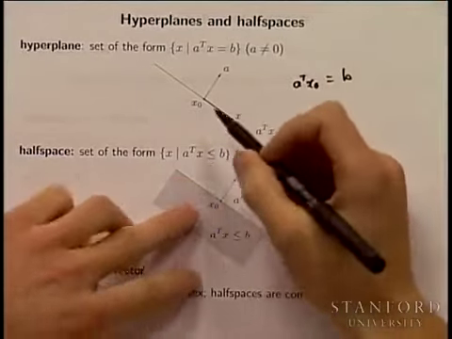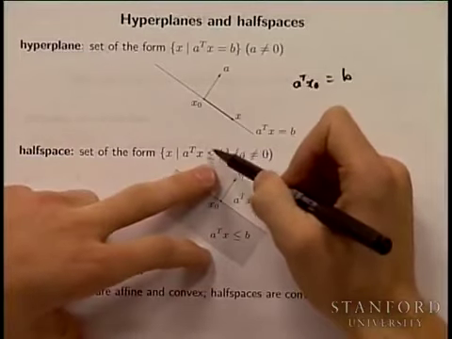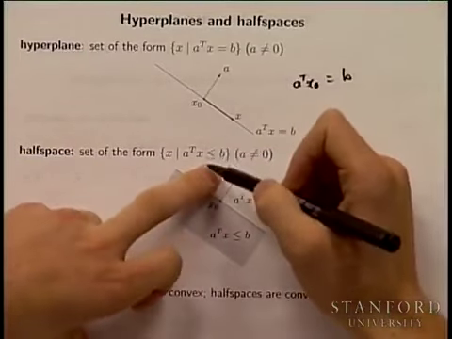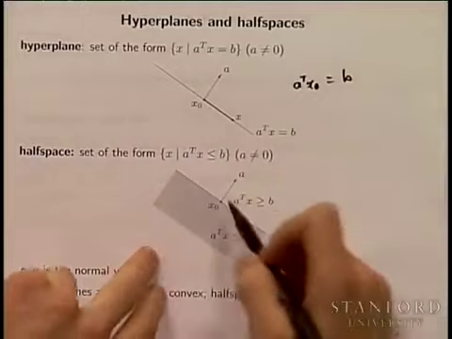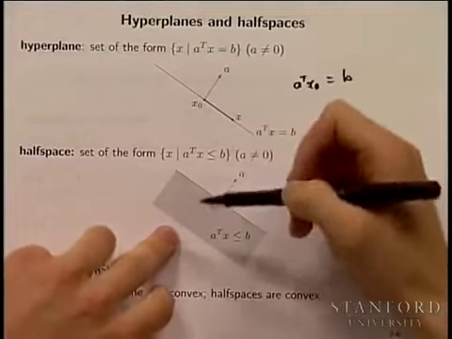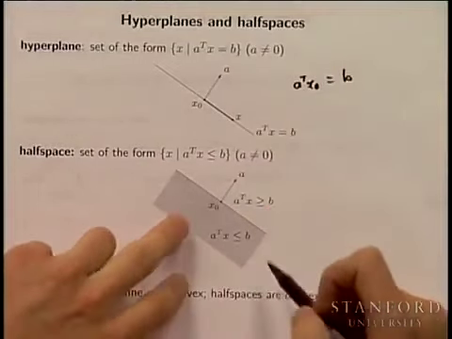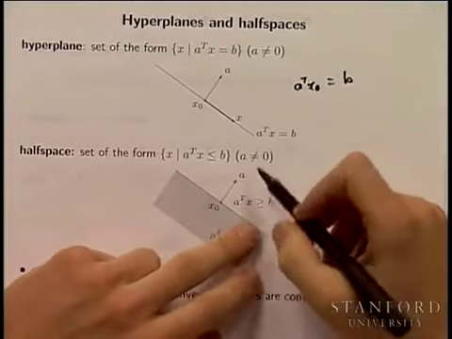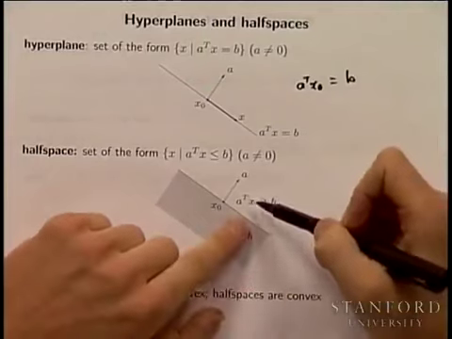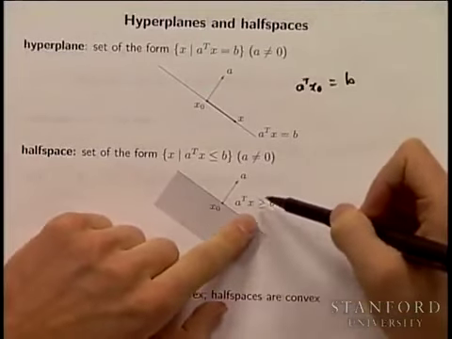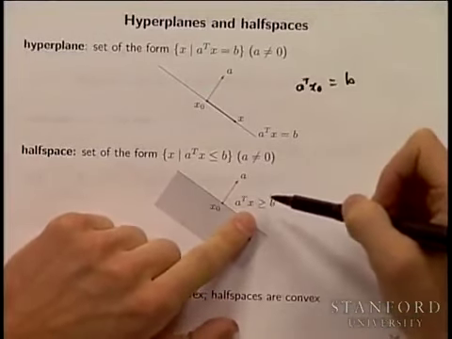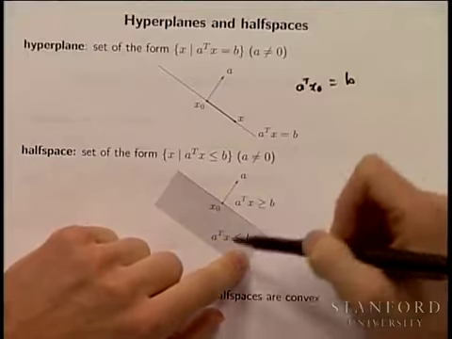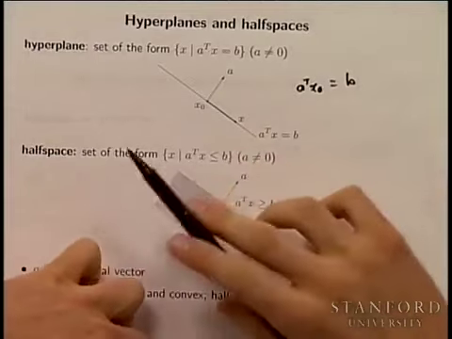We can have it either open or closed, a strict inequality or a non-strict inequality. This is an example here. Same hyperplane, and it's the half space on the left, or below it in this case. Likewise, the non-shaded region you could describe as another half space with A transpose X greater than or equal to B. So the direction of this inequality indicates what side it falls on.